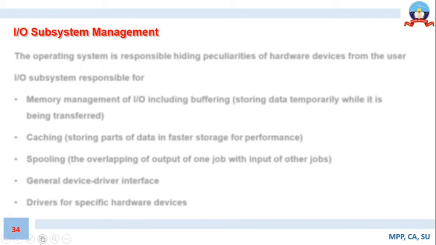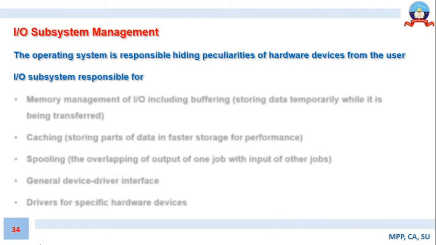So, the operating system is responsible for enabling the user to communicate with the IO devices in order to perform operations by abstracting the complexities involved. As I've said, the operating system is responsible for hiding all the peculiarities of hardware devices or IO devices from the user and should be capable of enabling the user to use the IO devices in order to perform purpose-specific operations.